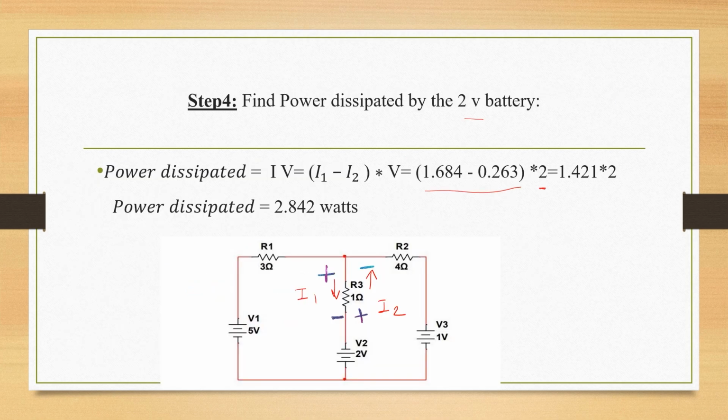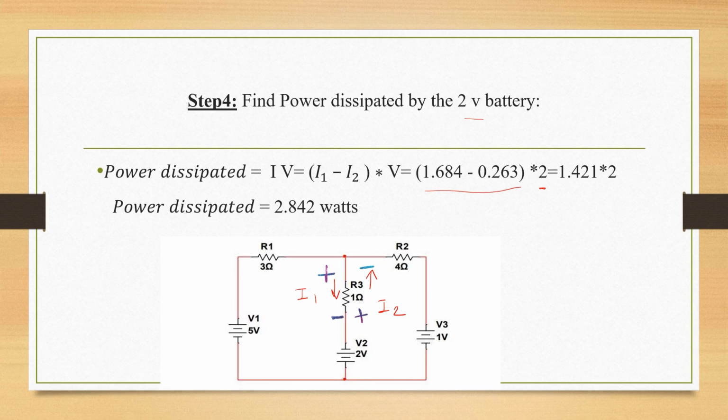Our main question is to find the power dissipated by the 2-volt battery. We know that the formula for power dissipation is voltage into current, or I square R. Here the current flowing from the battery is I1 and I2, but both are in opposite directions. I am taking I1 as the reference current, that's why I am writing I1 minus I2.